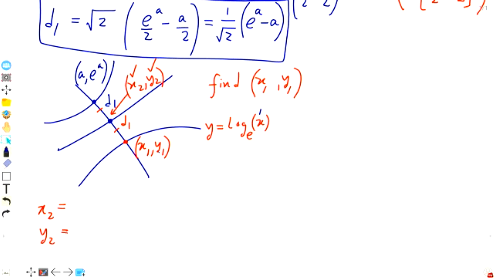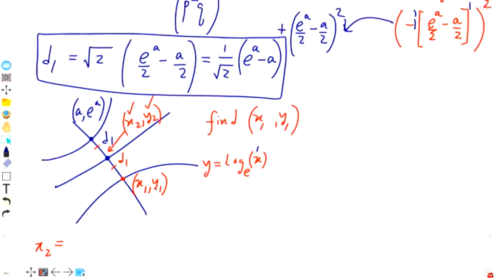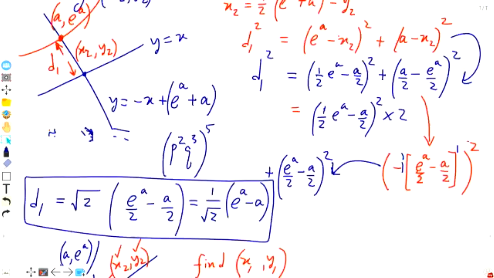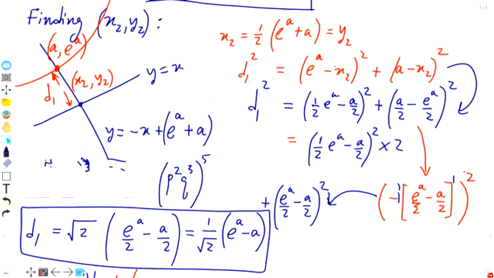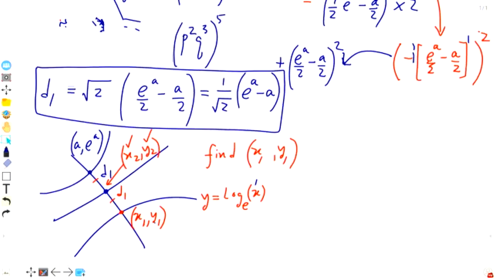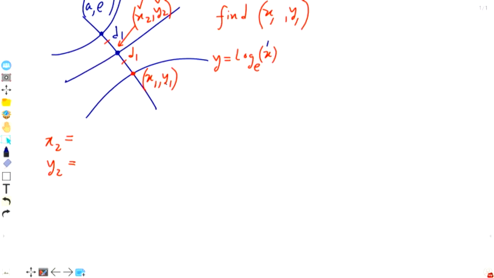We found this. X2, Y2 is the same. So it's going to be half EA plus A, right?